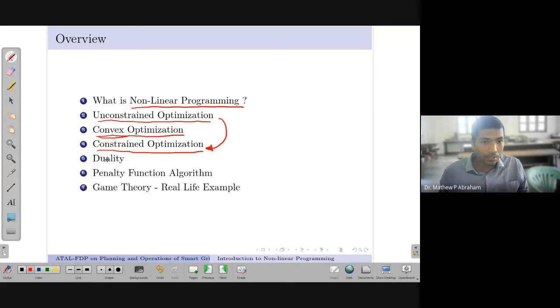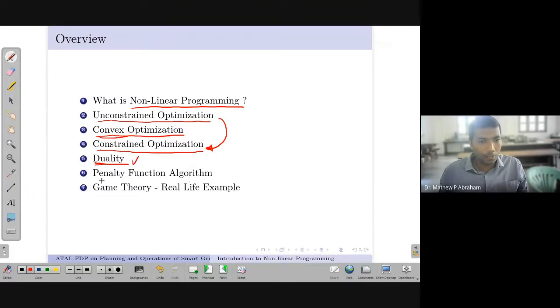Another important concept in constrained optimization is duality. Duality makes constrained optimization not very easy, but comparatively easier to solve. In general, solving a constrained optimization problem is very tough, but duality makes it comparatively easier.